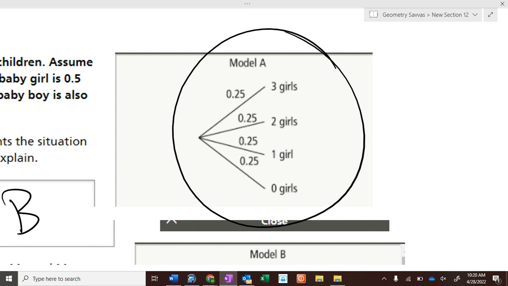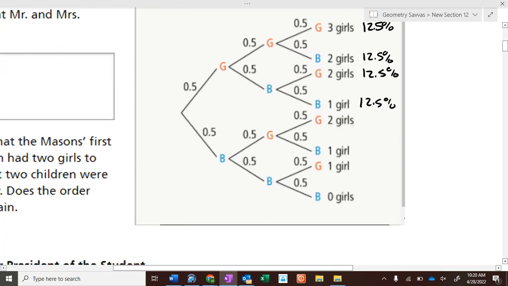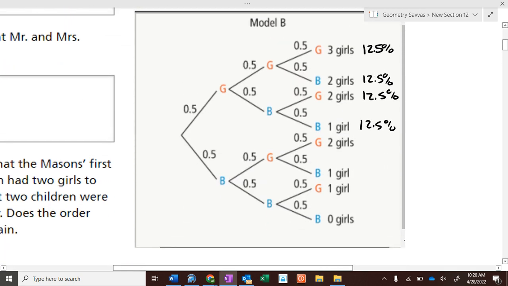Okay? So, since they're separate events, we line them up using a tree diagram like this. This is called a tree diagram. So this is the first child, the second child, and the third child. So this, we would say GGG for girl, girl, girl.